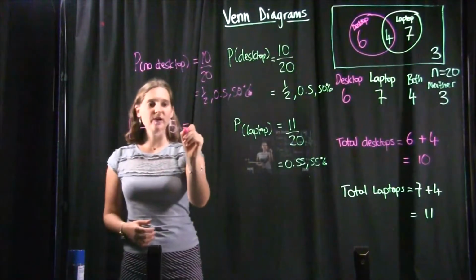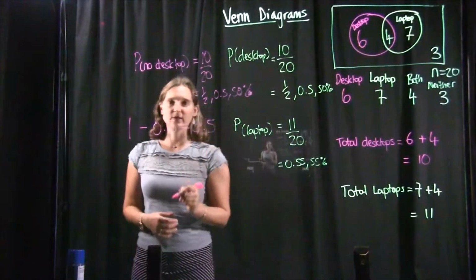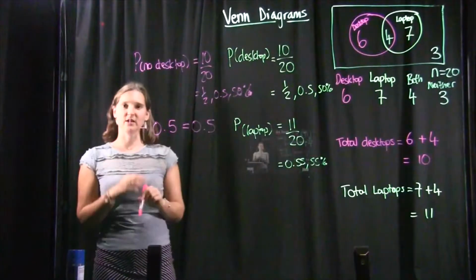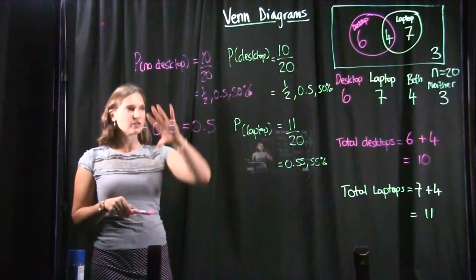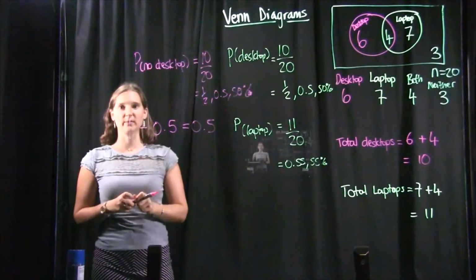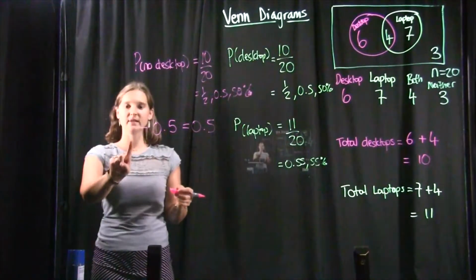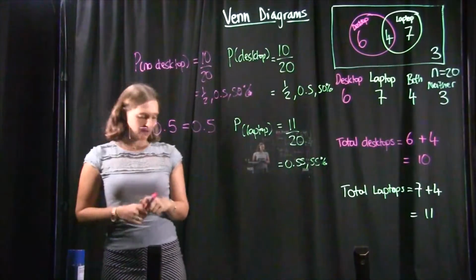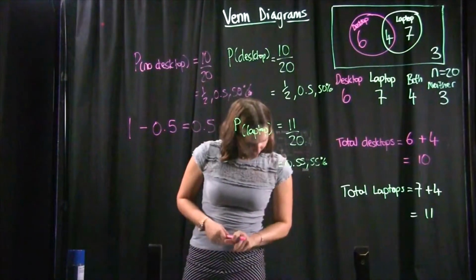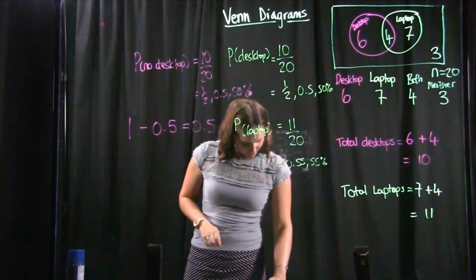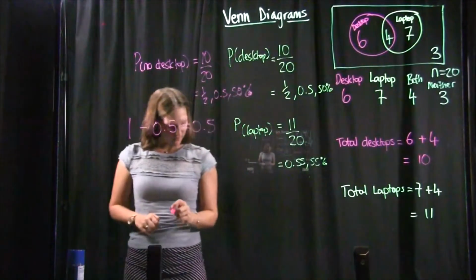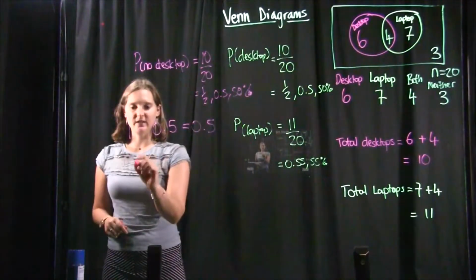So 1 minus 0.5 gives us 0.5, which matches our chance that we've worked out here. So our total probabilities for events that are either one or the other must add up to 1. We can also work out the probability of having both, and the probability of having neither.